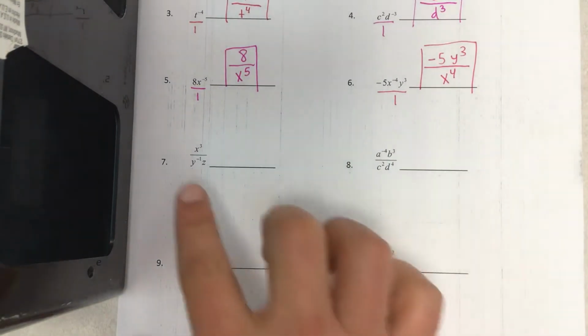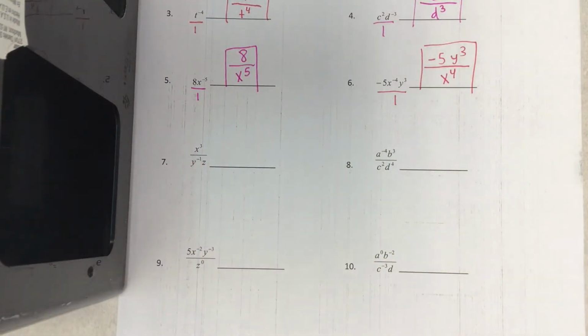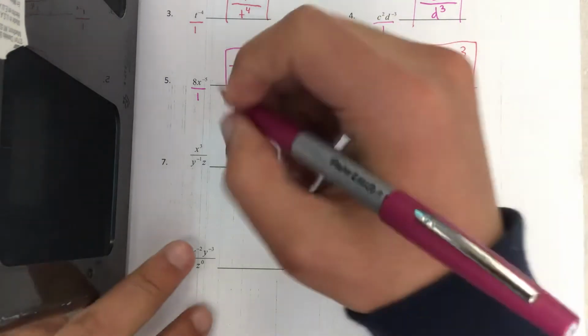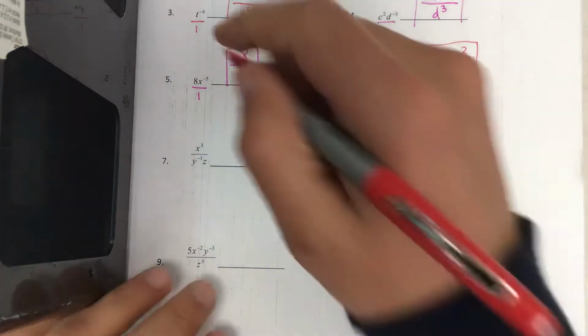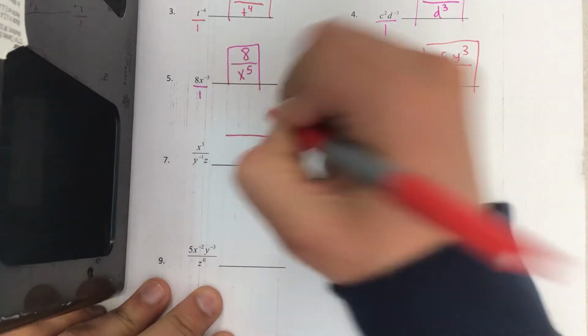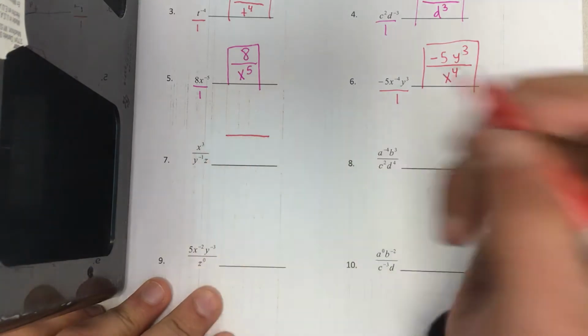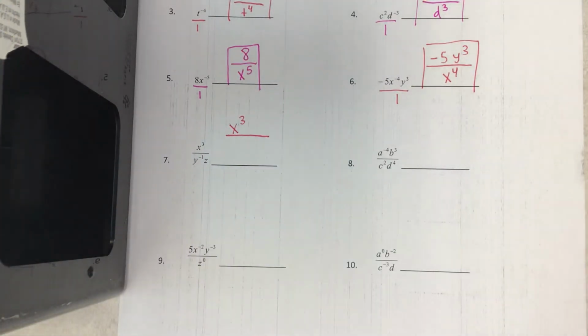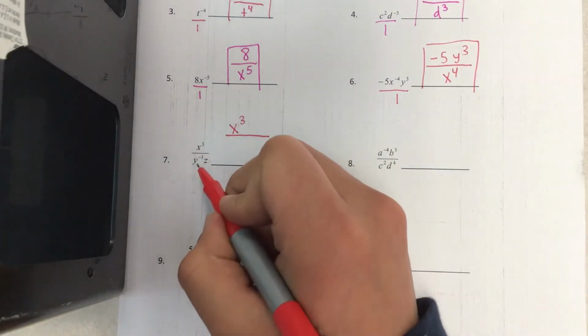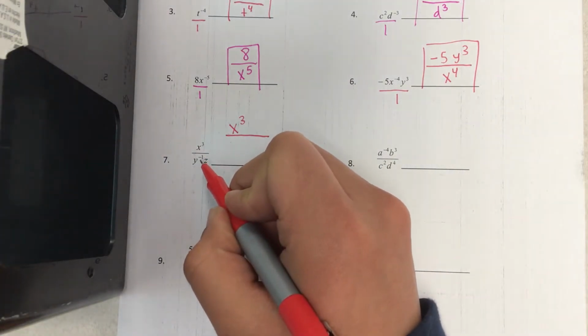So if I go to 7, I have x to the third over y to the negative first z. So here, they already have a fraction bar for me. So let me make another one. Okay, so I have x to the third on the numerator. That can stay there, right, because it's positive. That's what we want, okay? Now, in the denominator, I have y to the negative first, okay?